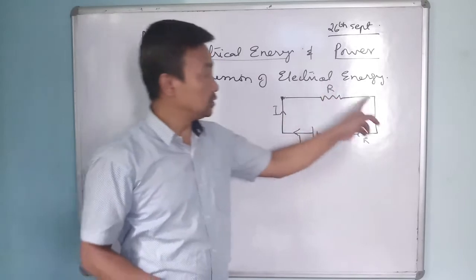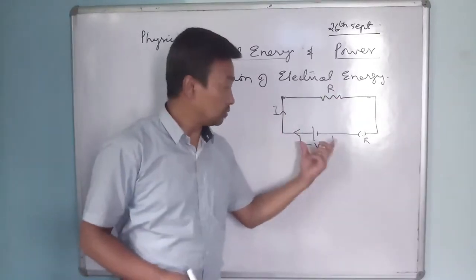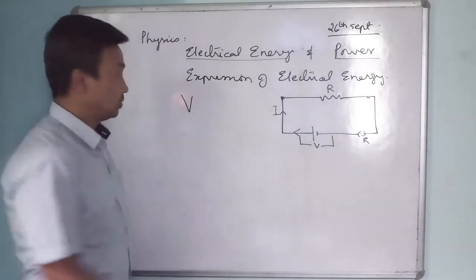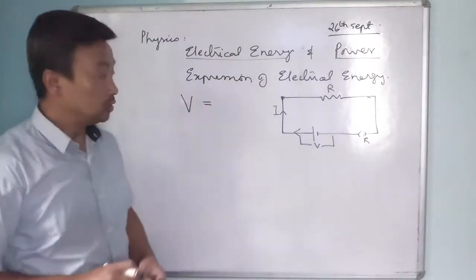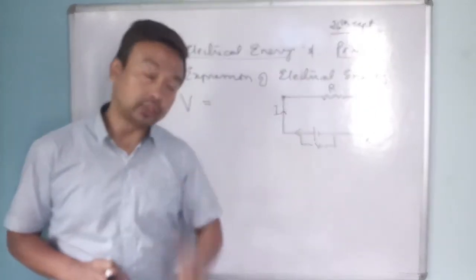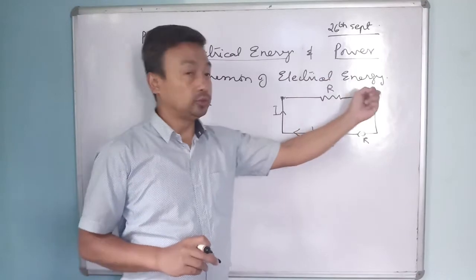So here you have to go to the formula of the potential difference. If you recall, the potential difference is defined as the work done in carrying a positive test charge from one end to the other end.